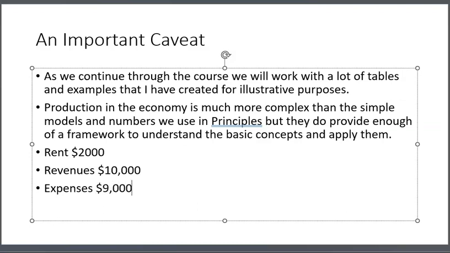All right, so if we look at this from a purely accounting perspective, what would we find? Well, we would find that we are collecting $10,000 in revenues, and we are generating $11,000 in expenses because we've got the $9,000 here plus the rent.